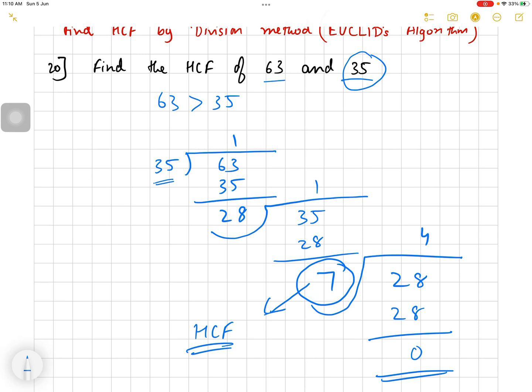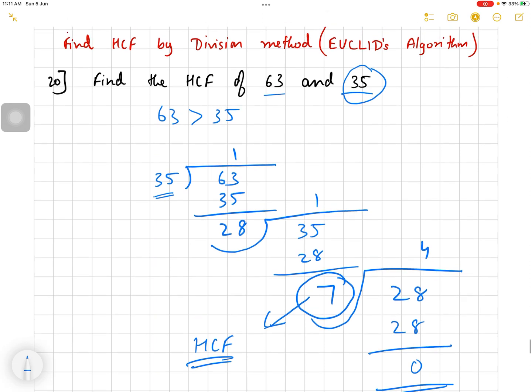So the HCF of 63 and 35 is 7. The last divisor, or your last non-zero remainder, is your HCF, and this is how you solve using the division method.